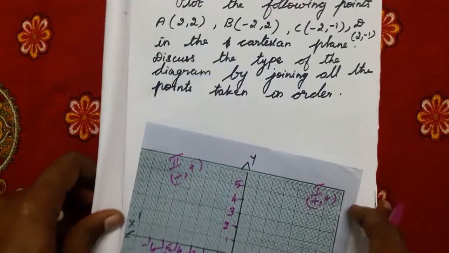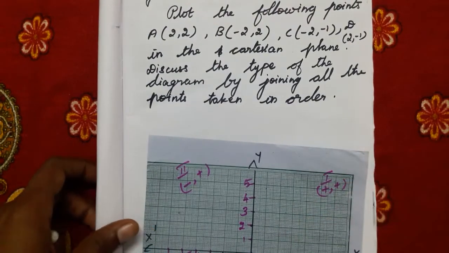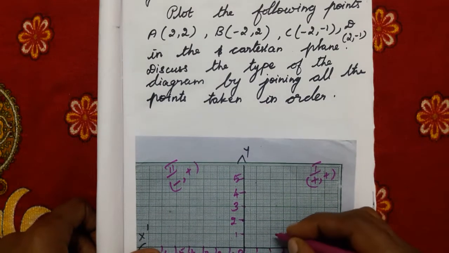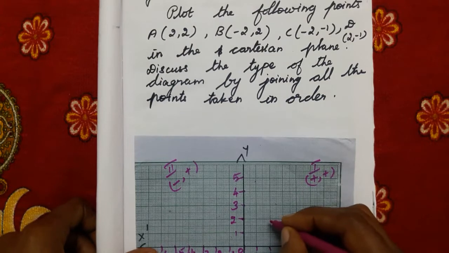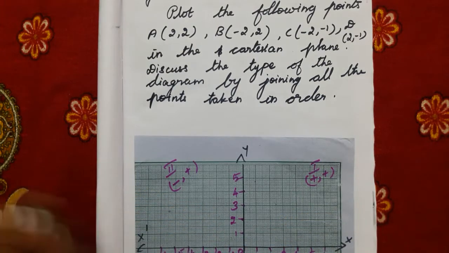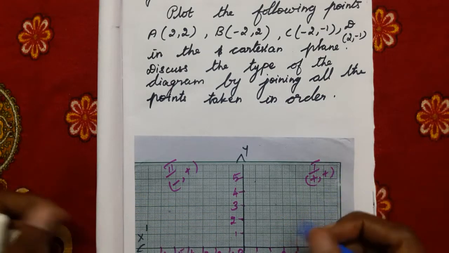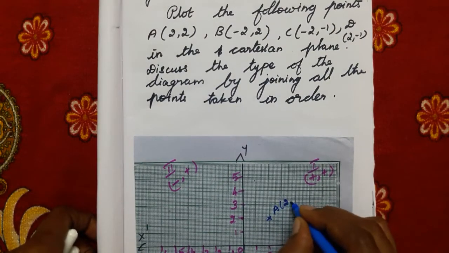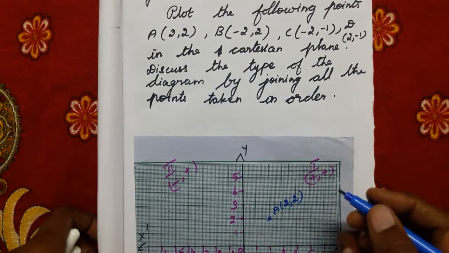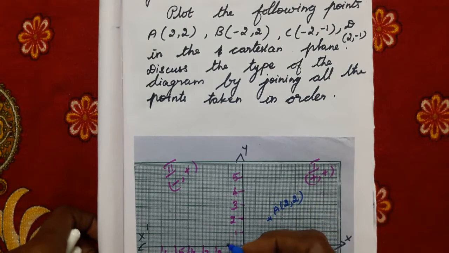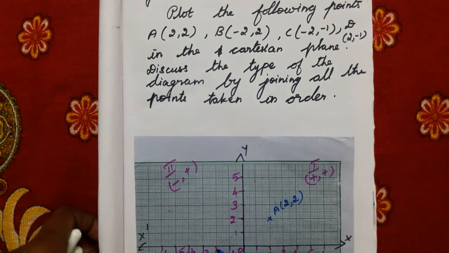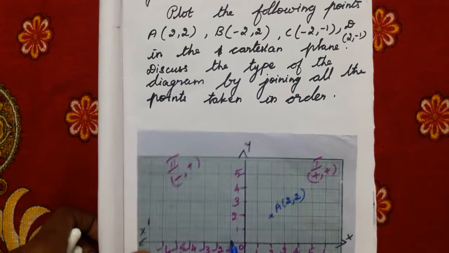Please listen here. A (2, 2). A (2, 2) means which quadrant? First quadrant. So we can plot this one, 2 comma 2. A (2, 2). Next one B (-2, 2). Minus, plus means it lies in the second quadrant. First we have to see the x-axis only.